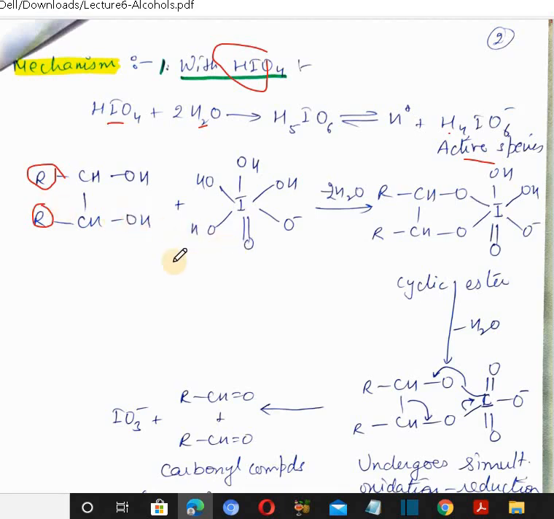So when it is treated, then this carbon, CH-O-I-O-CH, this cyclic ester is formed, and 2 molecules of water are removed. That is, in these gives water, and one from here water molecule is removed, that is 2 water molecules are removed, and we get the cyclic ester, that is CH-O-I-O-CH.